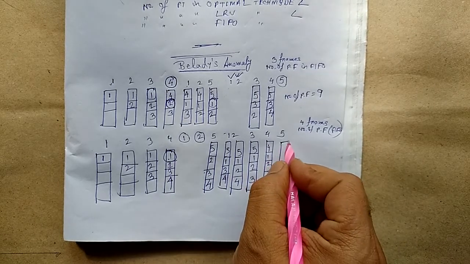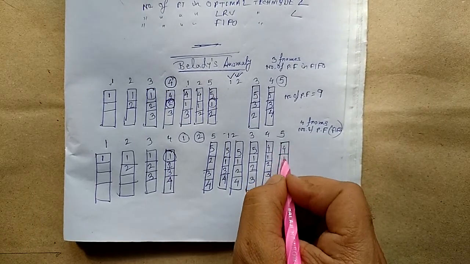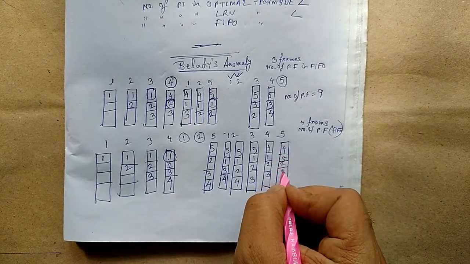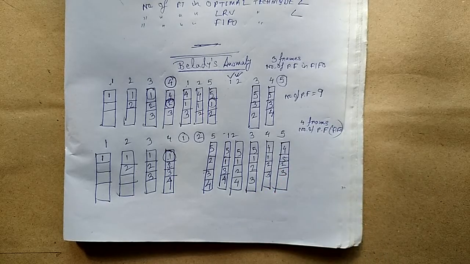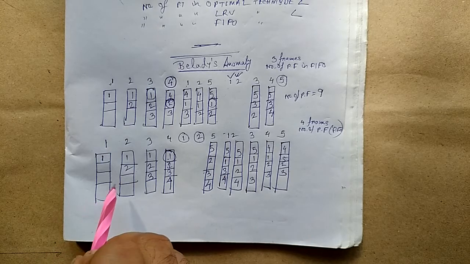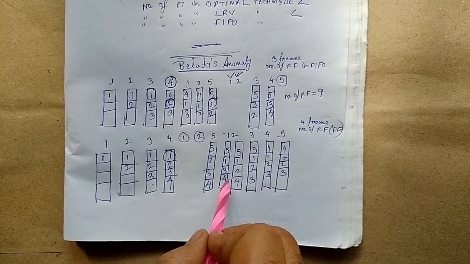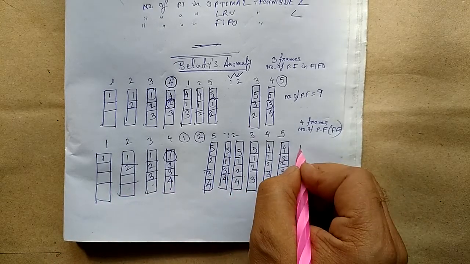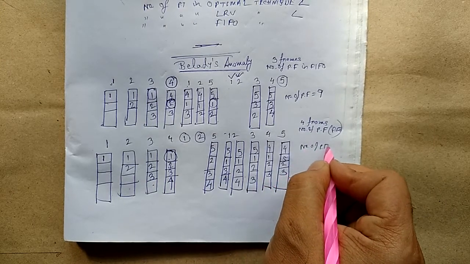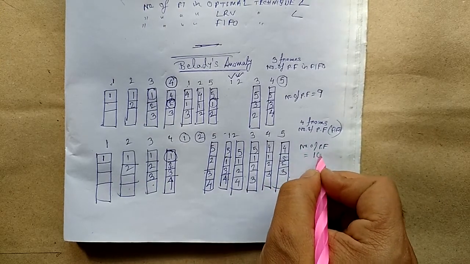Next there is a new page, it will replace the second position. So taking 4 frames, the number of page faults will be 1 2 3 4 5 6 7 8 9 10. So the number of page faults equals 10.